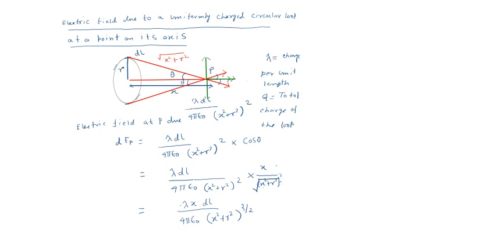The components perpendicular to the axis will always cancel out because of the symmetry. So wherever you consider the elemental length, there will be an elemental length just opposite to it, and only the component along the axis of the circular loop will remain.